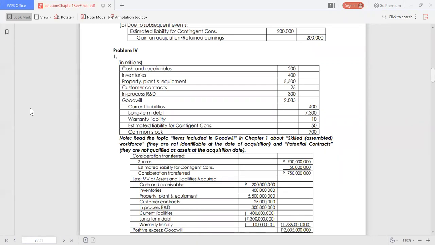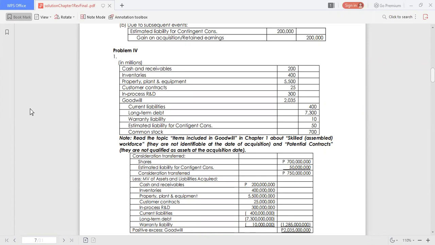Then we deduct current liabilities, long-term debt, and the warranty liability, leaving us the amount of 1,285,000. That's now your total market value of net assets. So the difference is 2,035,000.